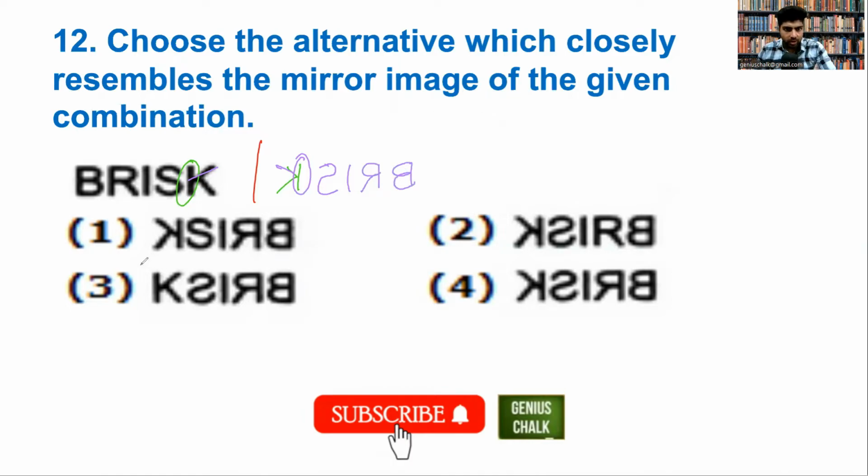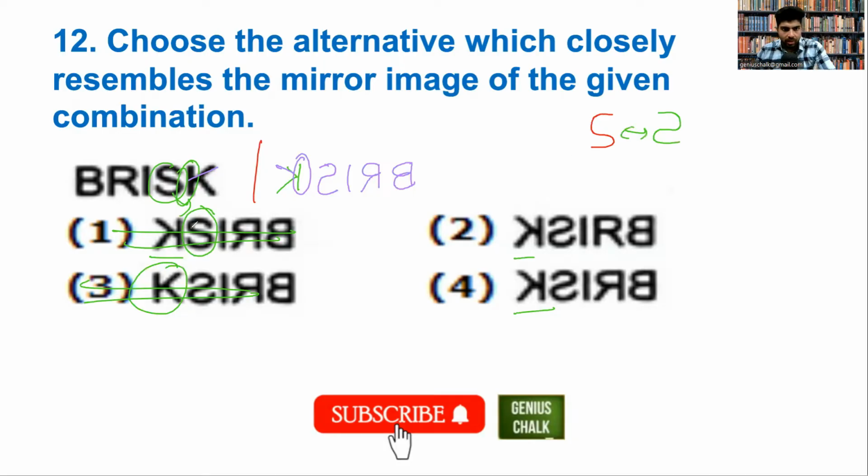So which option is neglecting? First, if you see the third option, K is written the same, so cancel. This is correct, this is correct for the remaining ones. Now if you see the second S, it is written the same, so this is not the answer. We know that the mirror image of S, if this is written like this, the mirror image has to be this, this and this. This is the mirror image, right?